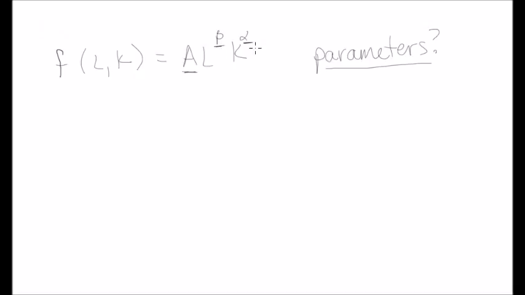And to keep that in mind, very often you will see functions like this written as a function of L and K. And then there will be a colon, and it will say that it is a function with the variables L and K and the parameters alpha, beta, and capital A. One way to think about this is that the entity that is acting in this case, the firm that is making a choice of how much labor to use and how much capital to use in its production, doesn't have control over these parameters.